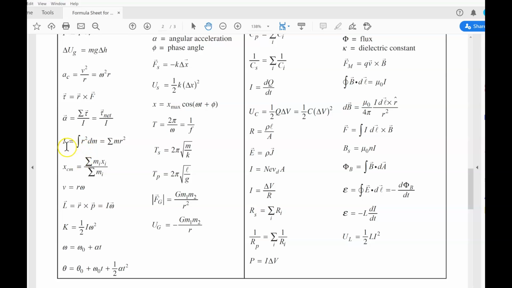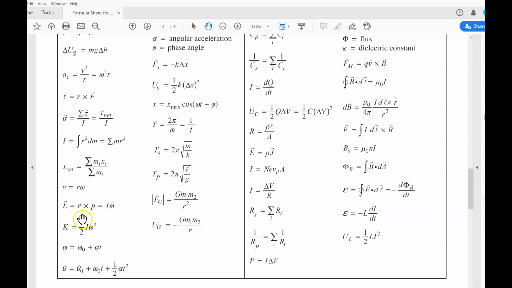Okay, it gives me the moment of inertia. It gives me that integral formula there. It also gives me the less calculus-y formula here. It's just the sum of all the m r squareds. It gives me a formula for finding the center of mass along a particular axis, whether that's x or y. It just gives me x here. So that's that formula. V equals omega r. We already knew that.